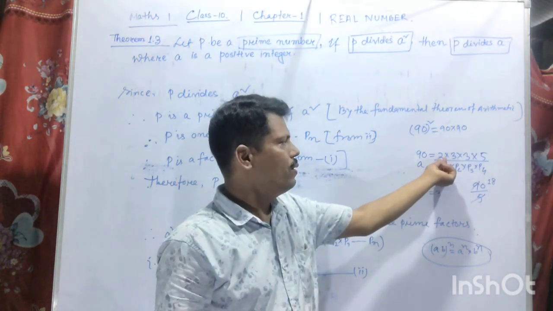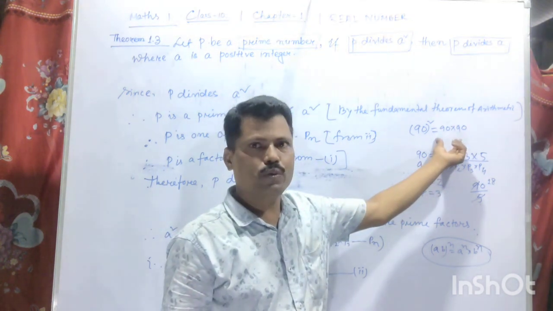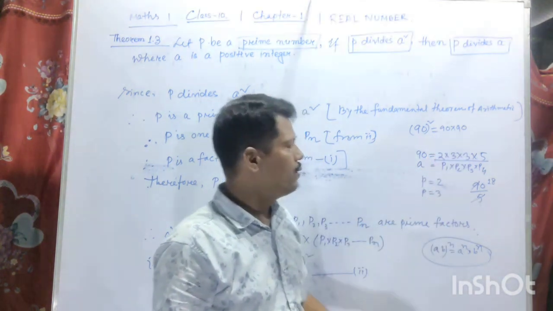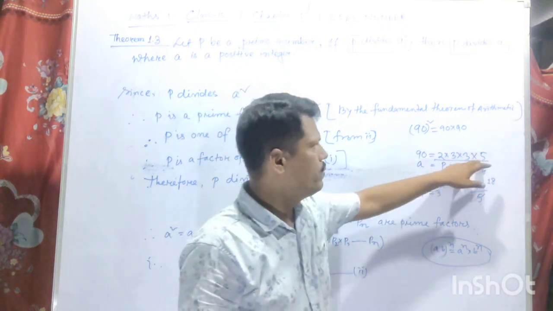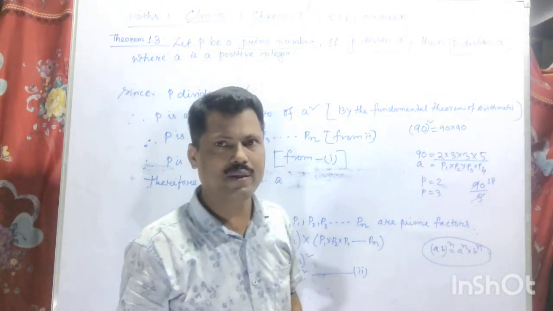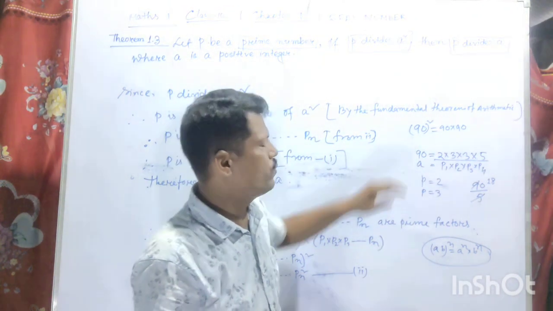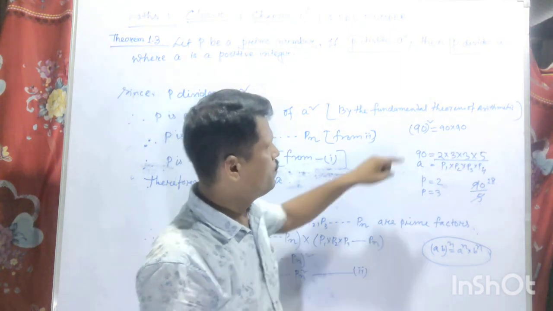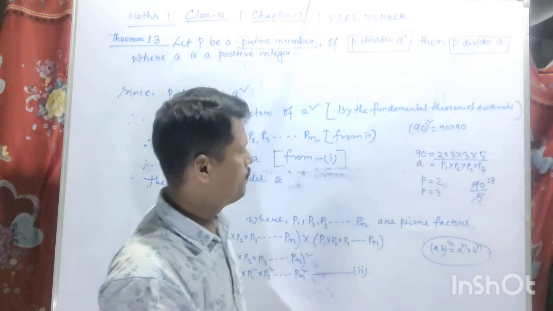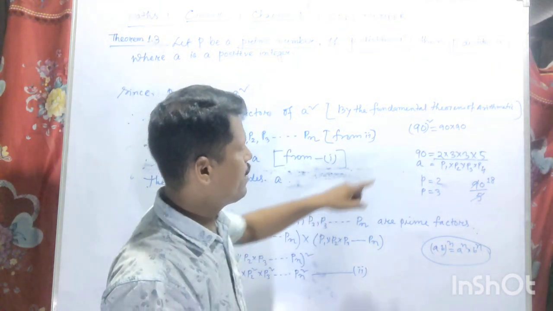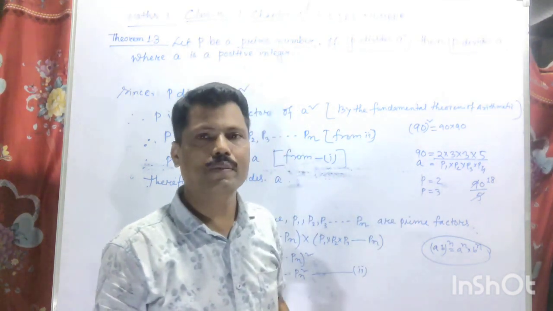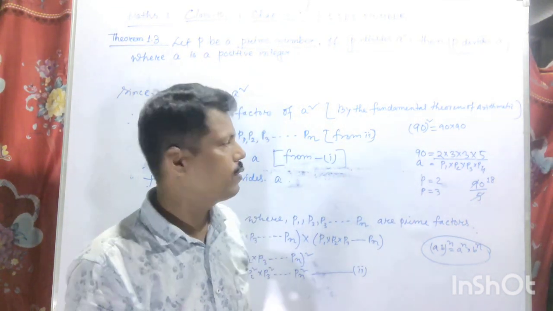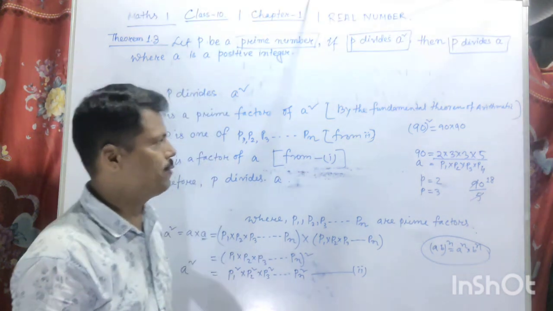If we divide by 2, it is completely divisible, by 3 also, and by 5 also. That means at that time we can say p divides a square, and p also divides a. This one we can prove nicely.